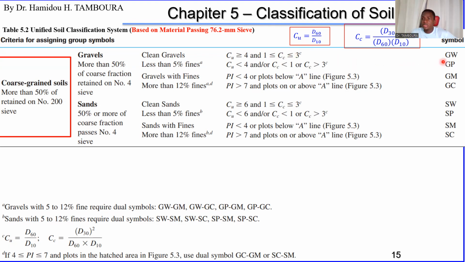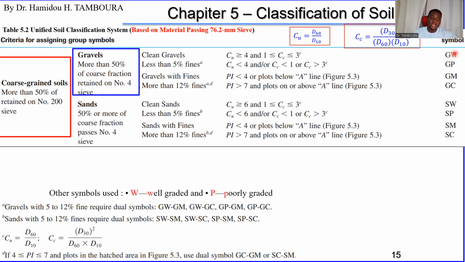Then you will have this group symbol, GW. G stands for gravel, W stands for well graded. W is well graded and P is for poorly graded.